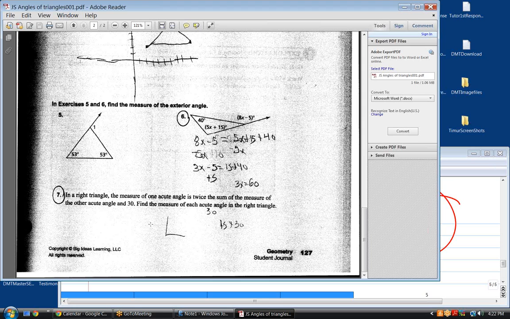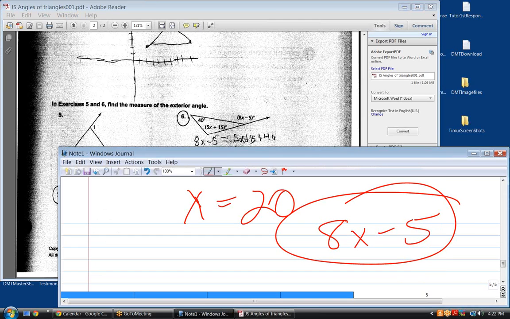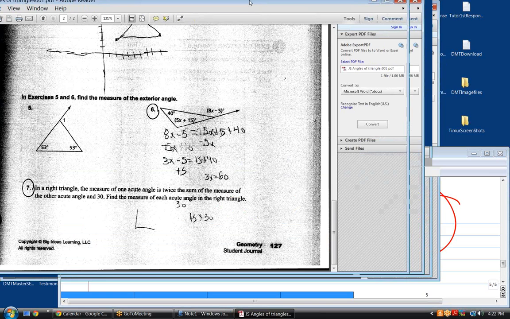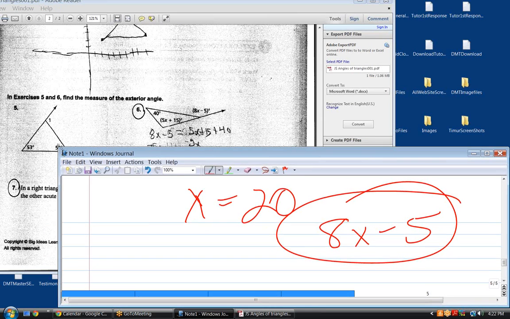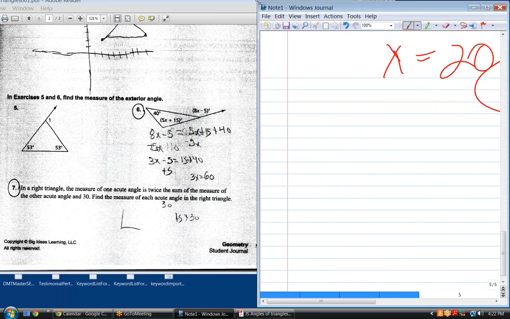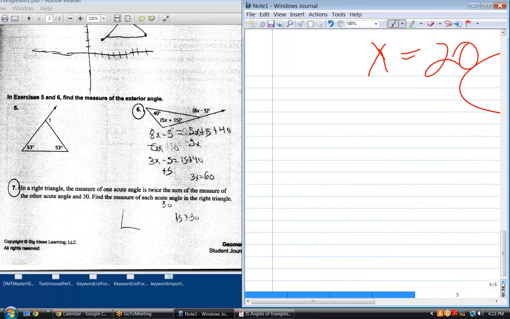In a right triangle, the measure of one acute angle is twice the sum of the measure of the other angle and 30. Find the measure of each acute angle. Alright. This is basically a word problem that we have to translate into an equation. So, here's the right triangle.